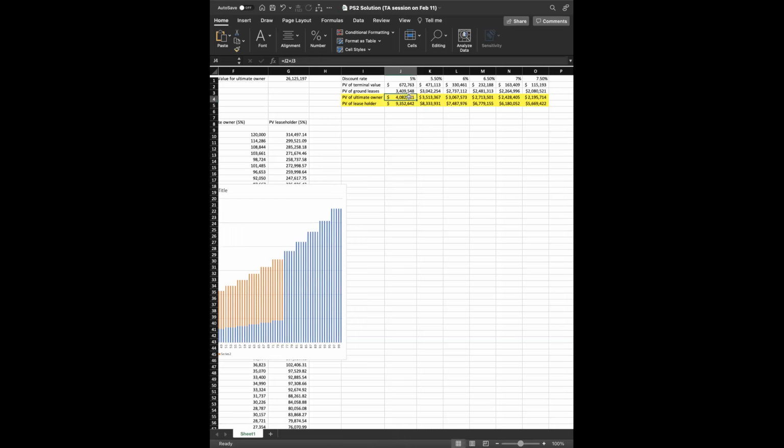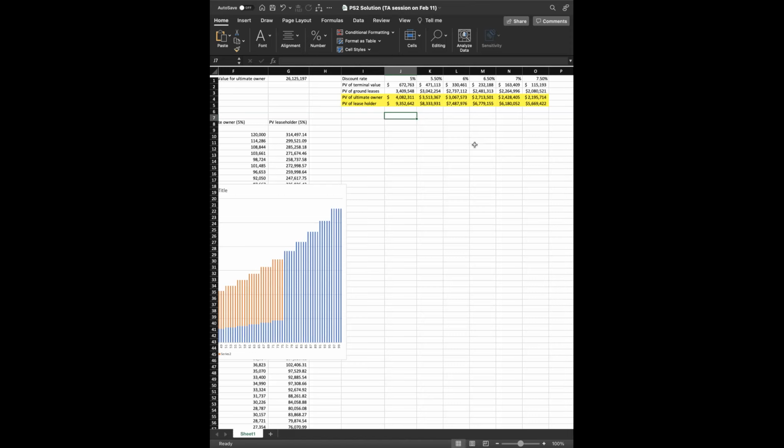In contrast, as I said earlier, the ultimate owner, although starting to collect all the NOI from year 76, is too far in the future. So discounted back, the value is not that high. Based on this pure present value comparison, I would say I want to be the leaseholder because I want to own the more valuable property. But I saw many of you argue, oh, I want to be the ultimate owner because I feel it's safer.